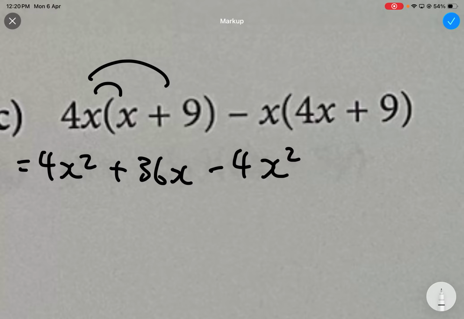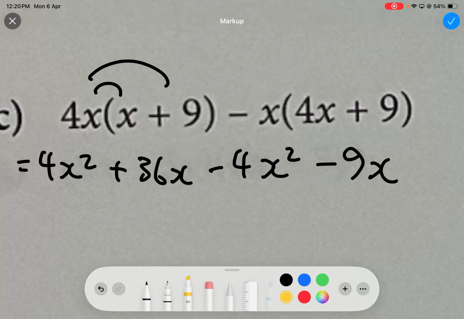But because I'm subtracting 9x, you can see that the sign here should be negative. So you can see it as the result of negative, positive, negative. If negative, negative, it will become positive.